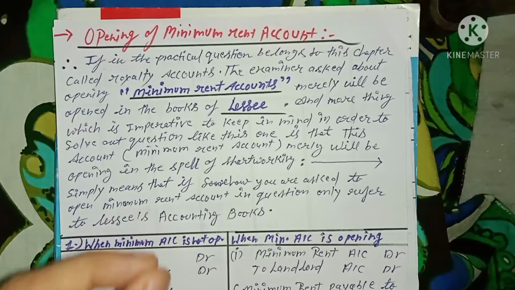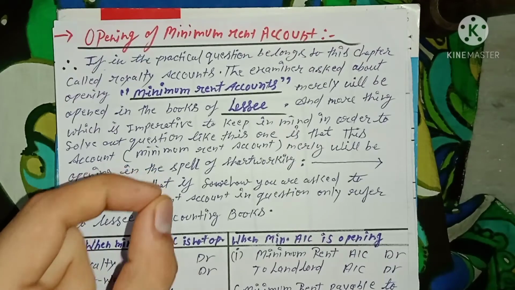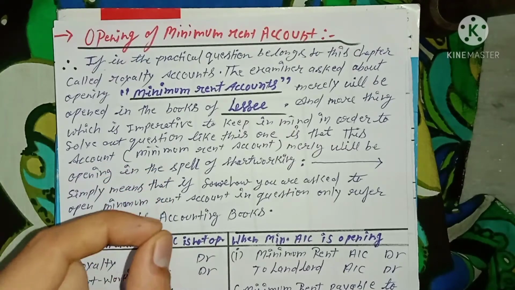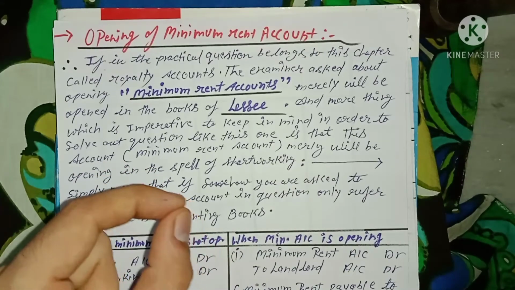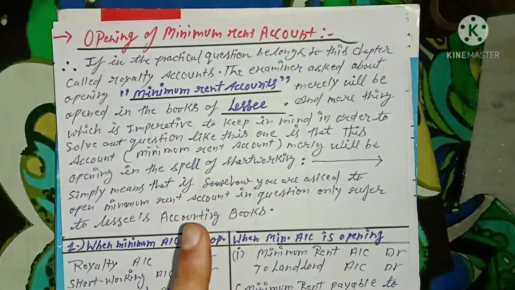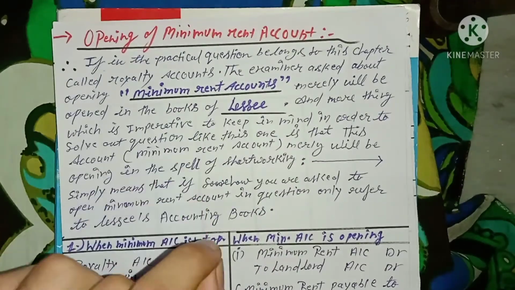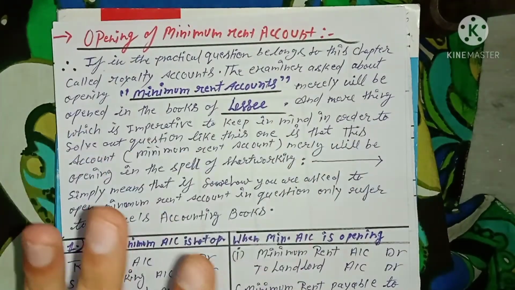What entry do we pass? Generally, royalty account debit and short working account debit to lessor account. We are not paying the actual royalty, we are paying the minimum rent, but despite this we pass the entry like this.